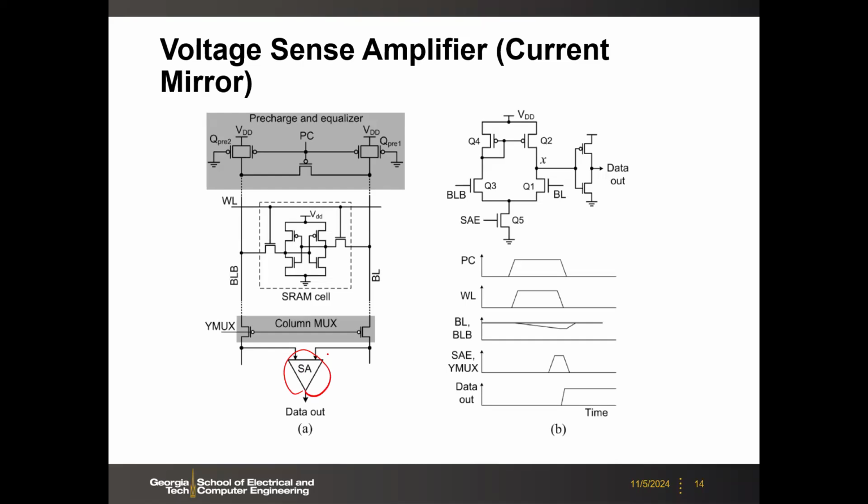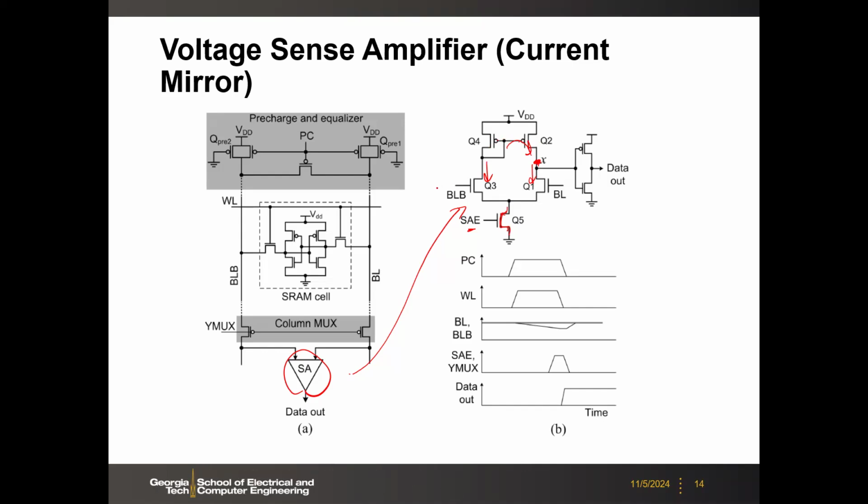But if you want a real differential amplifier, this is the simplest way you could do it. As in analog circuit class, you have the differential pair, with the sense amp enable controlling the bottom current source, and the load is a current mirror. You have the current here, and then you mirror this current to the other side. This is a current mirror for the PMOS node. This is pretty standard analog circuit design.